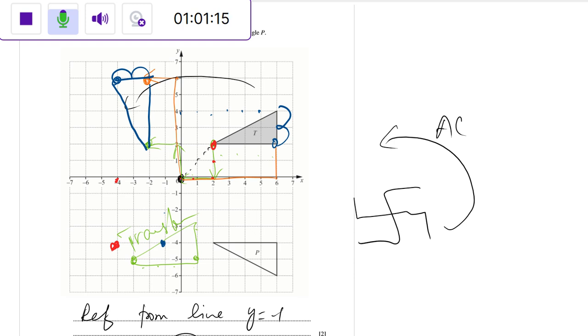So if I'm taking the half, the triangle will be 1, 2, 3, 4, 2 and 1. This would be the enlarged.